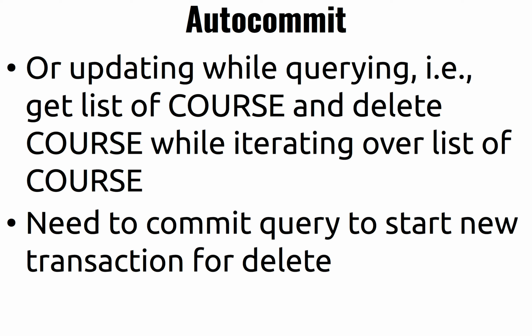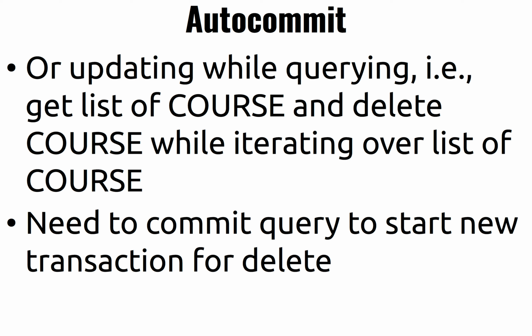So for instance, here's an example: you're iterating over a result set that might have multiple records, multiple rows that meet a particular select statement. It might be that you don't want to commit all the changes until you are done manipulating the whole result set. You're going through a set of records and you need to update each record.